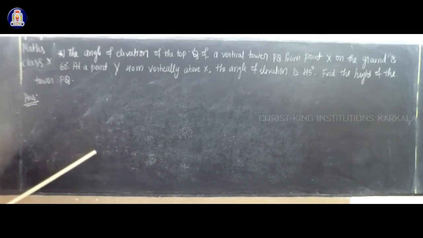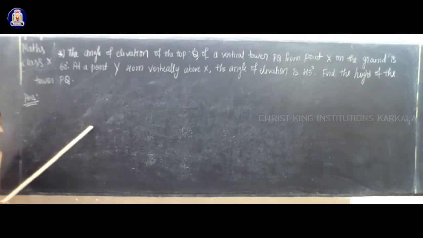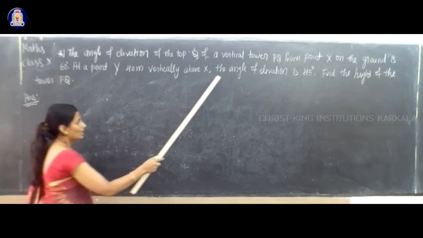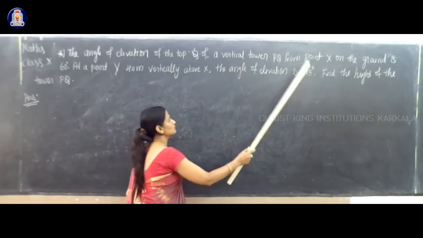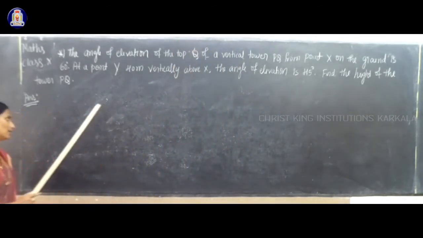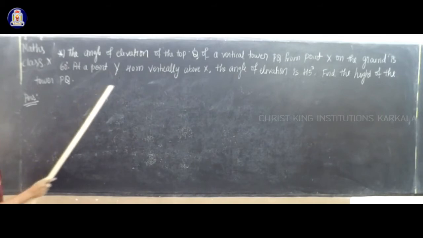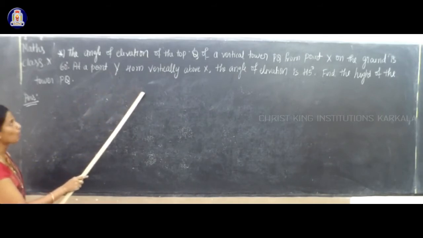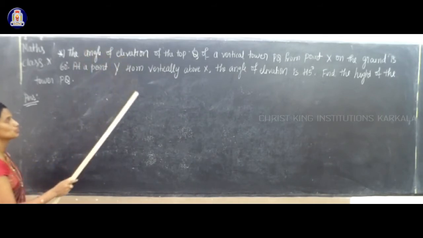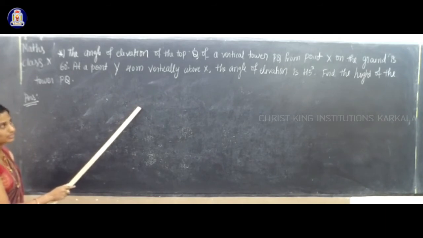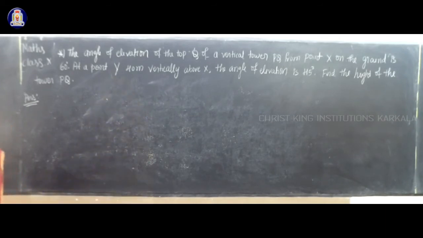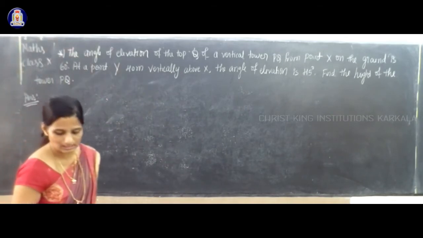That means XY is equal to 40 meter. At this point, the angle of elevation to the top of this PQ is 45 degree. Find the height of the tower, that is PQ.